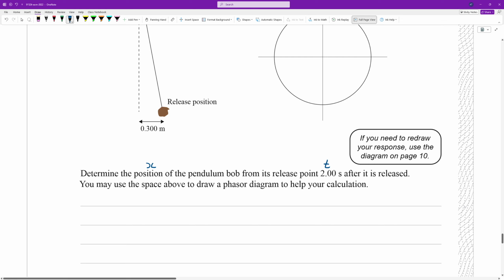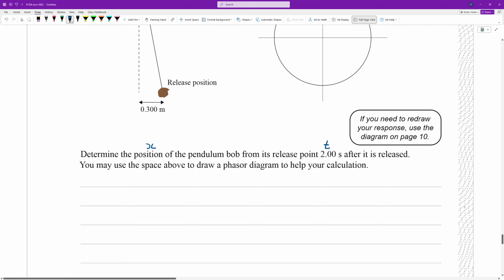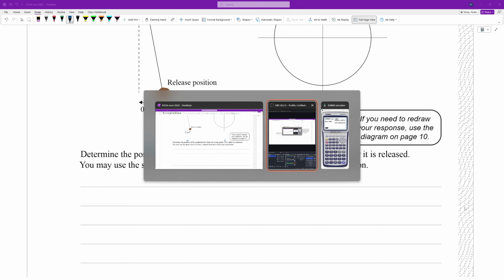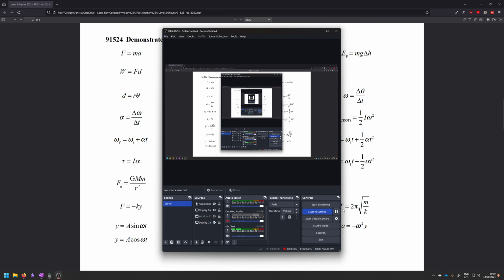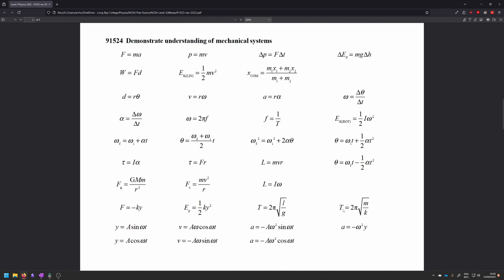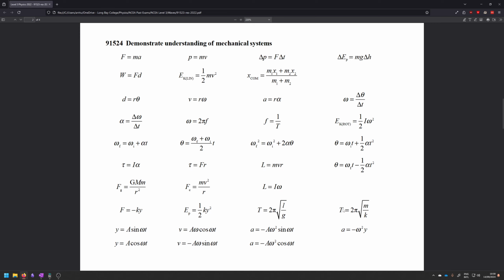You may draw a phasor diagram if you'd like, but I'm going to show you the way with the SHM equations. Looking near the bottom of your formula sheet, you see 2 rows of equations. Let me just pull it up. This is your mechanical systems formula sheet.